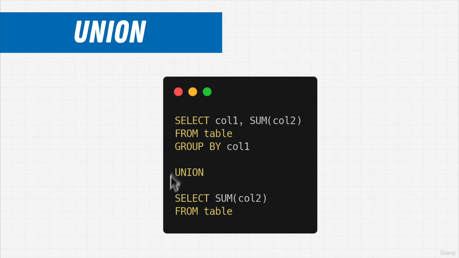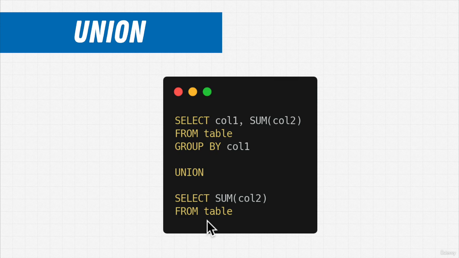Now, if we did a union and we did select sum of column 2 from the table, we'll get the total sum of all the records, right? Because the aggregate function will get us the total amount of column 2, not by the grouping. Now, what this union is going to do is take the result from this, and take the result from this, and merge them so that you can see this result inside of the same data set. Union is one of those powerful things where if you want to run multiple queries and combine the results into one table, it can help you do that.